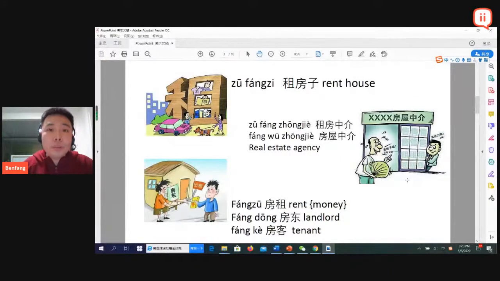租房子, rent a house. 在中国租房子，如果你租房子，你是谁？你是房客. You are the tenant, the guest of the house, 房客。And the landlord in Chinese is 房东. And 租房子, 租 is the verb to rent, 房子 is house.